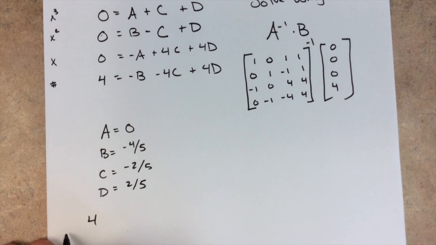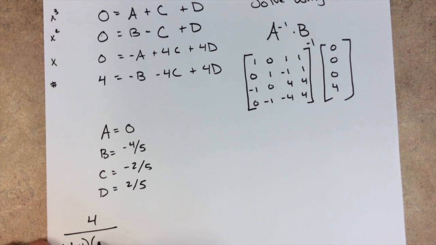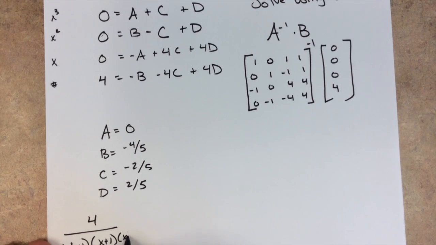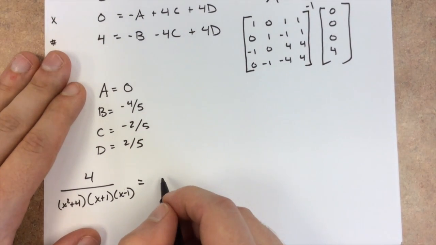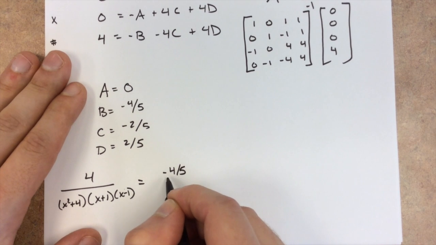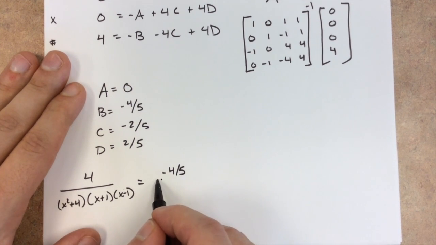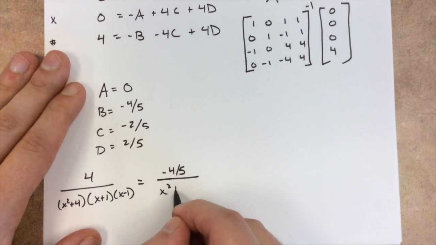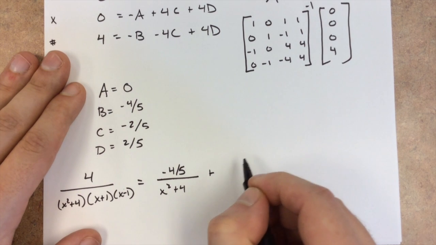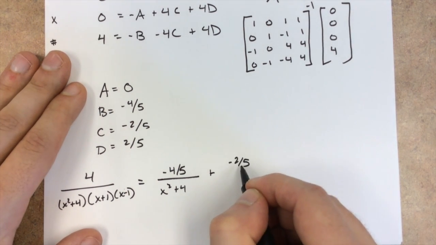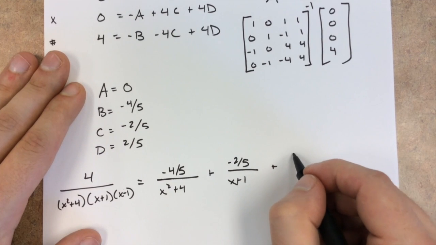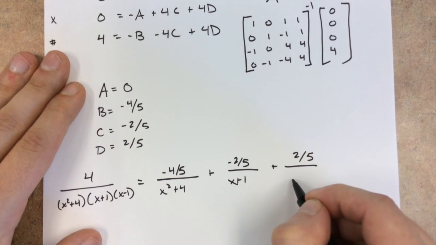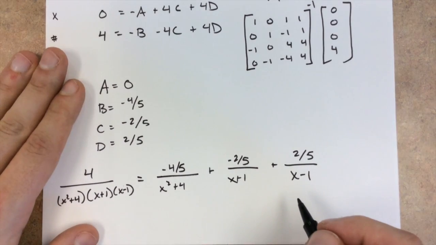So my partial fraction of 4 over x squared plus 4 times x plus 1, x minus 1 is equal to 0x plus negative 4 fifths all over x squared plus 4 plus negative 2 fifths over x plus 1 plus 2 fifths over x minus 1.